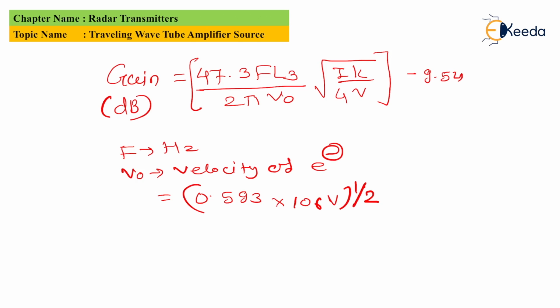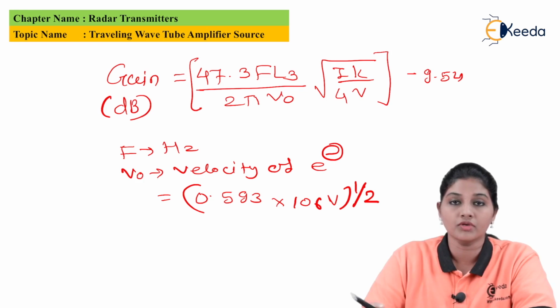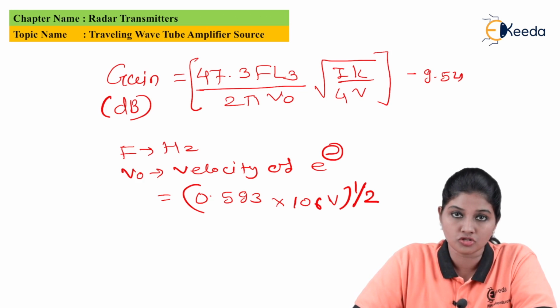Now here I is the current, K is the helix impedance, and V is the applied voltage or applied signal which is to be amplified.